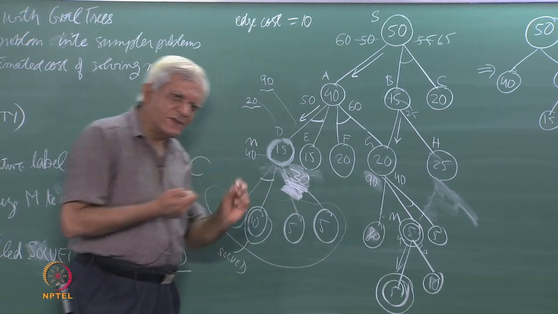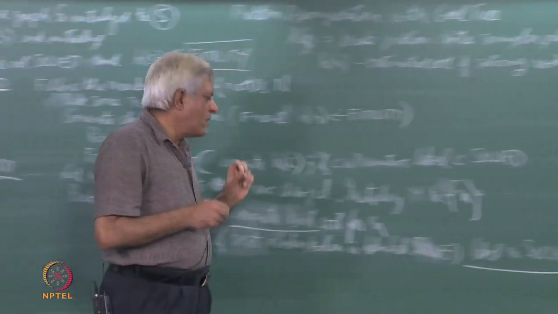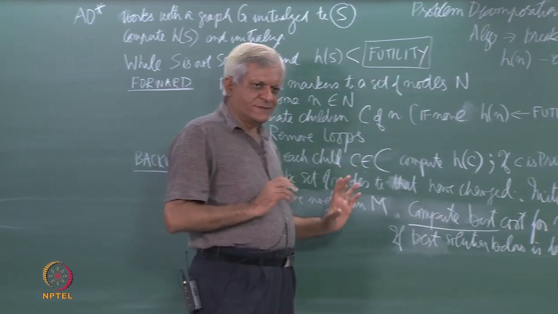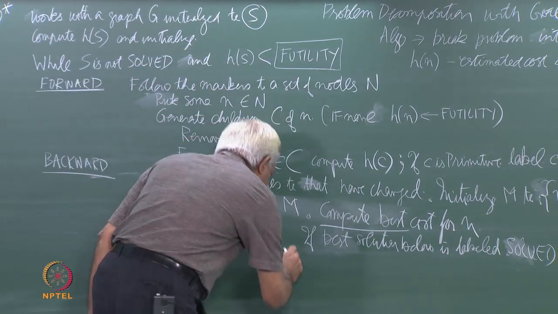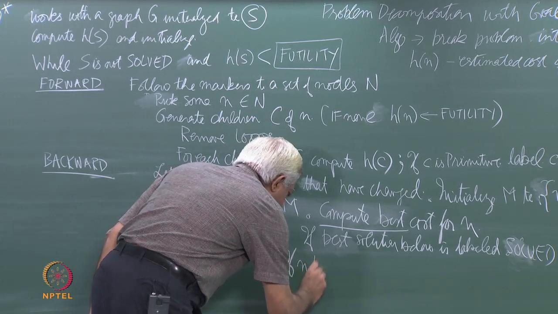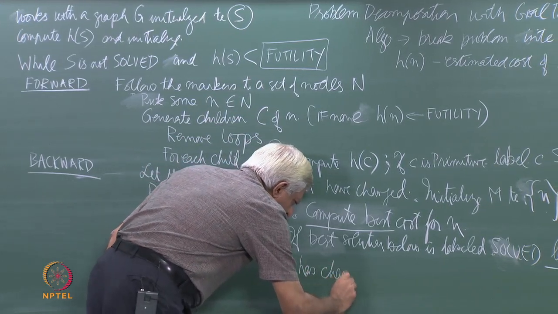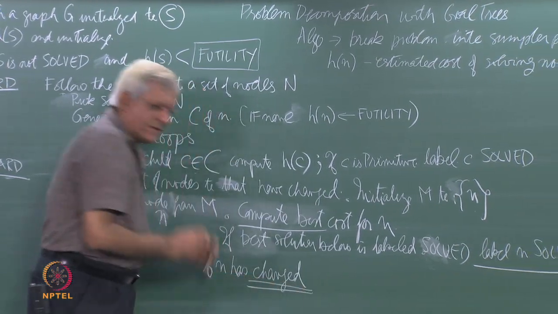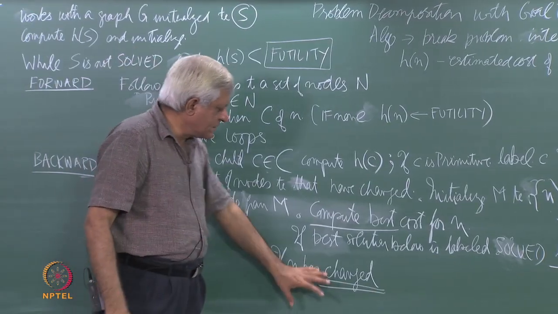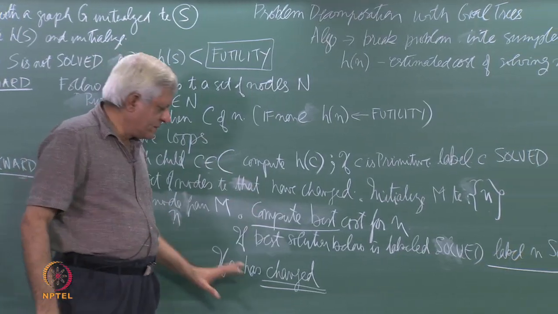So, either a change of heuristic value or the application of the solved label means that the node has changed, and if a node has changed, so I am using this as a kind of technical term that you have to have a test for.